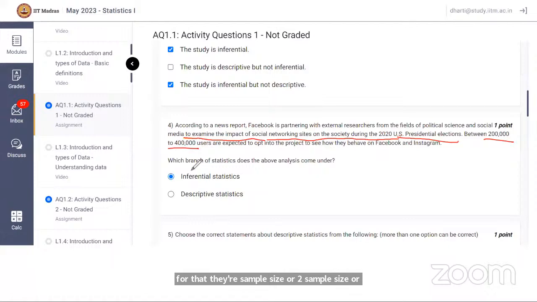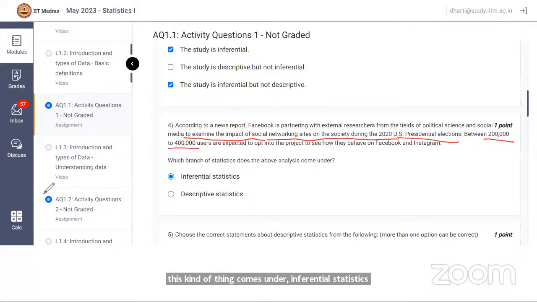Out of that, they did some analysis and concluded something about the society from their behavior on social networks like Facebook and Instagram. So they have not limited their study to these 2 lakh or 4 lakh people, right? This kind of thing comes under inferential statistics.